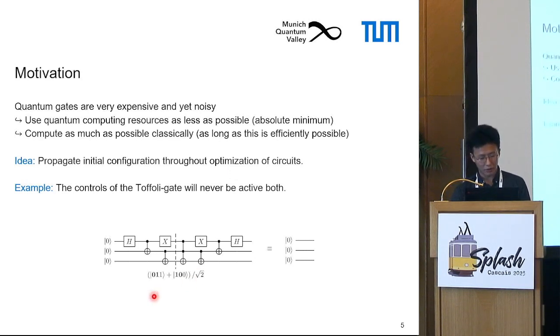Why? Because the information here tells us that the top two qubits are either 0, 1 or 1, 0. So one of the qubits is disabling the gate. So this gate will never be applied, and we can remove this gate entirely.